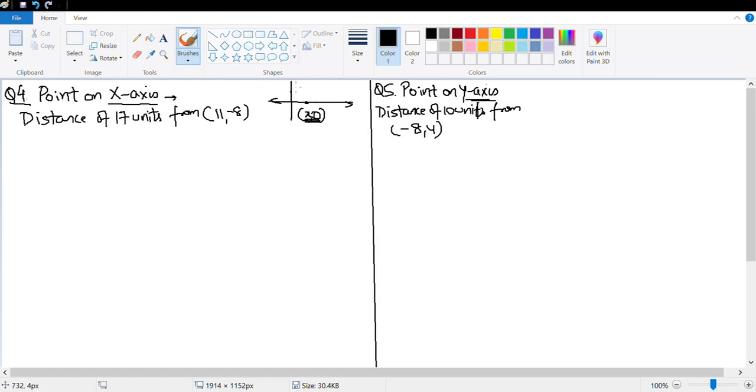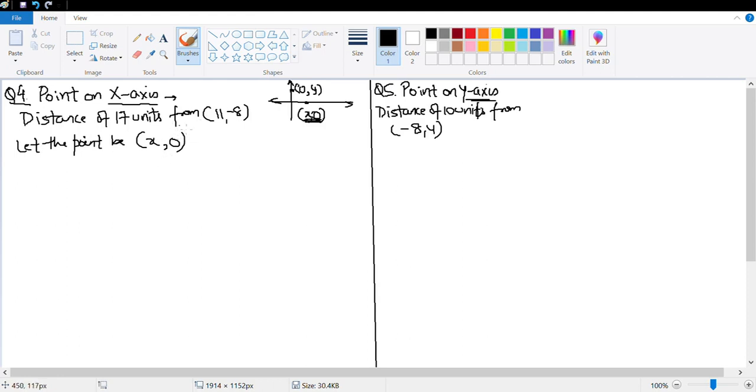For any point on the y-axis, the value of x will always be 0, and for any point on the x-axis, the value of y is always 0. So let the point be x, 0.